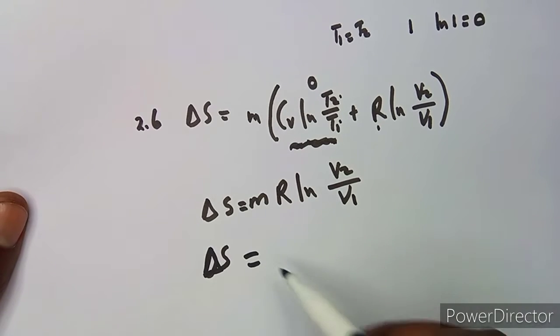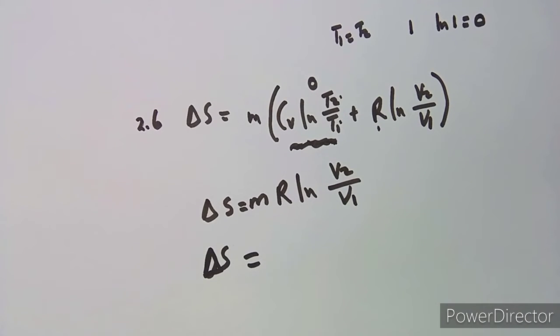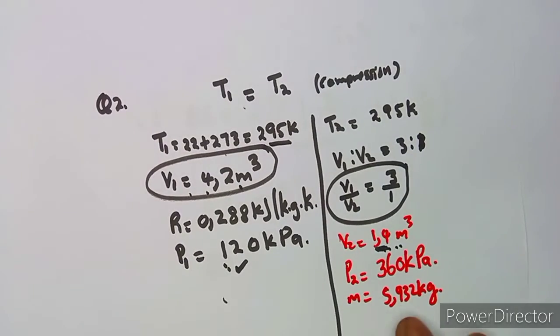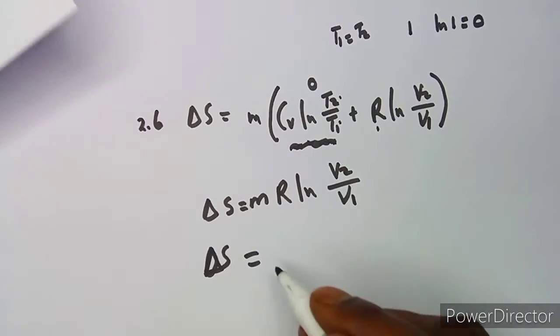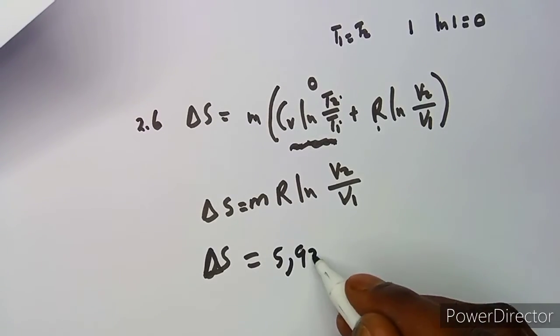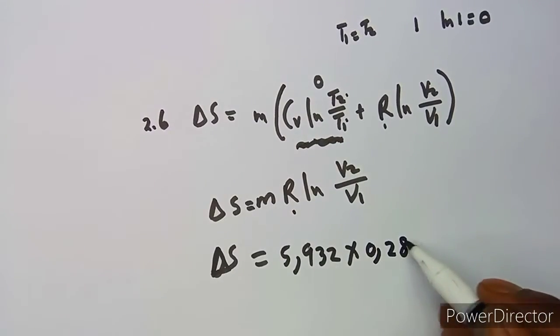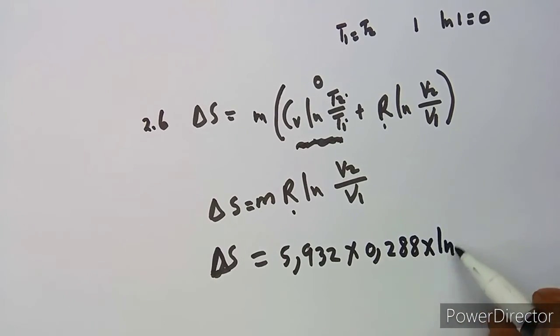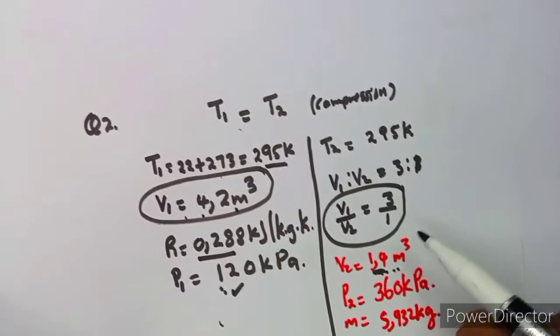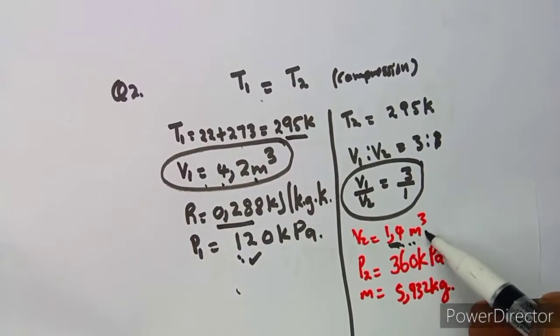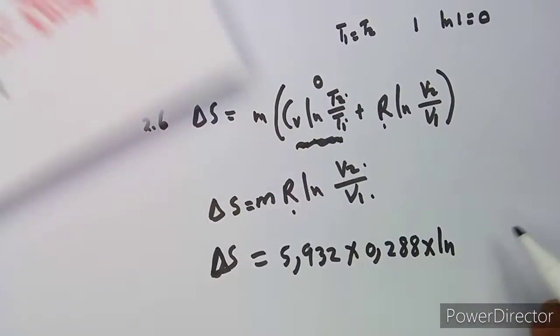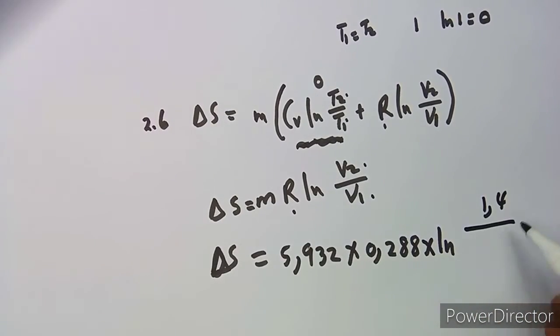The change in entropy. Okay guys, let us just take our information. The mass is 5.932, times R, which is 0.288, times ln V2 over V1. V2 is 1,4 over V1, which is 4,2.